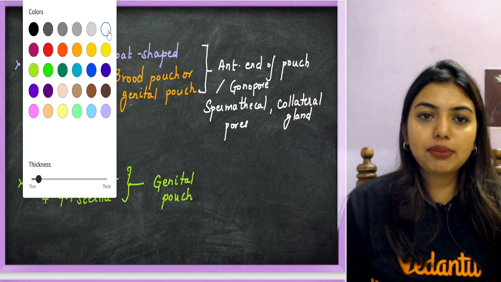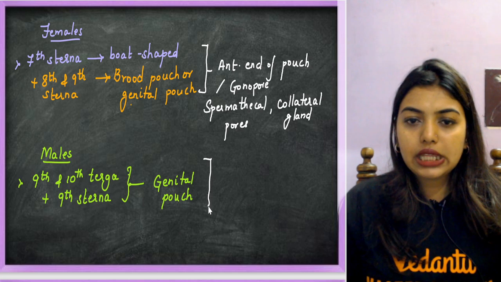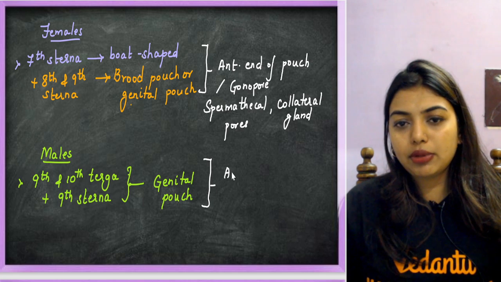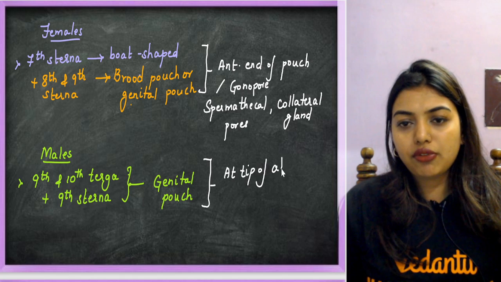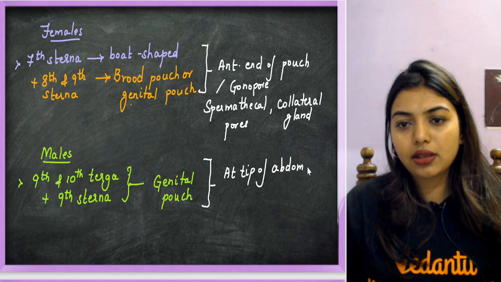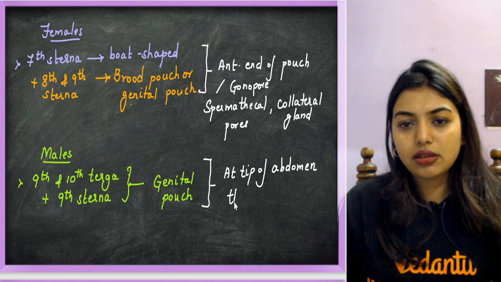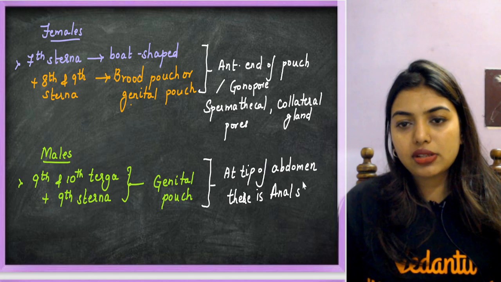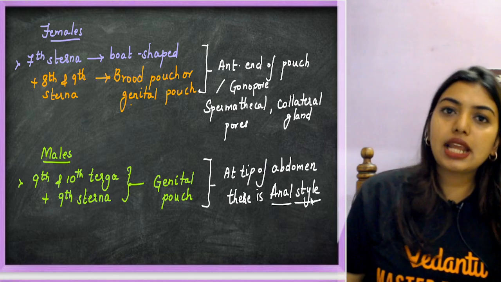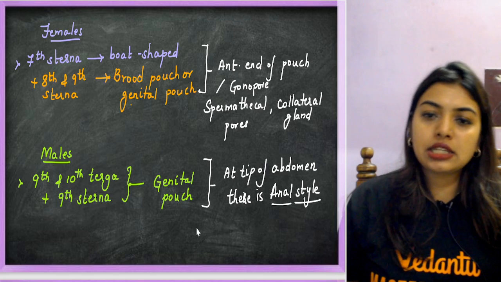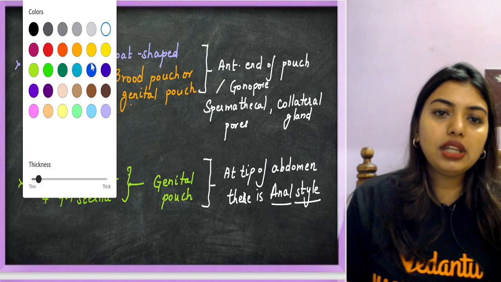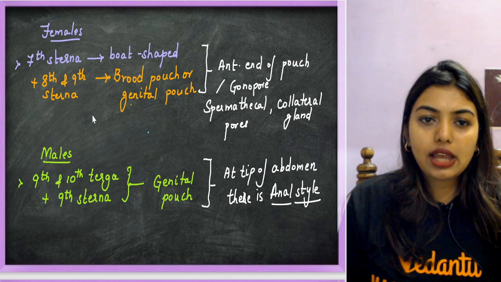Now students, the important portion is at the end, at the tip of the abdomen. There is the anal style. Got it? Anal style is present, very important. Now, common to both, what do they have?